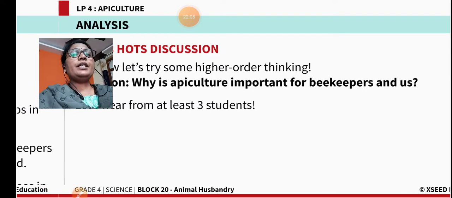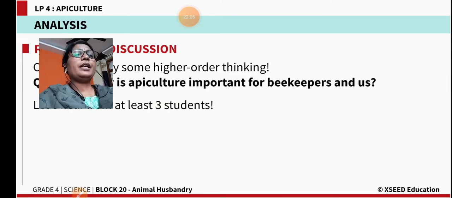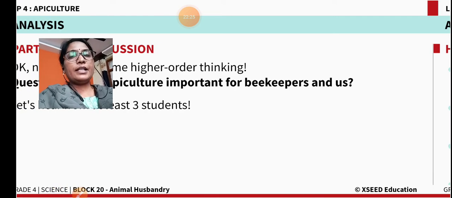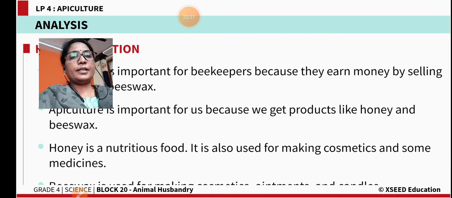Why is apiculture important for beekeepers and us? For beekeepers to earn money, as usual, after collecting the honey, they'll sell it in the market and they'll get profit. For us, it is very nutritious and many medicines are made from it. Many medicinal values are there in the honey. That's why it is important for us.